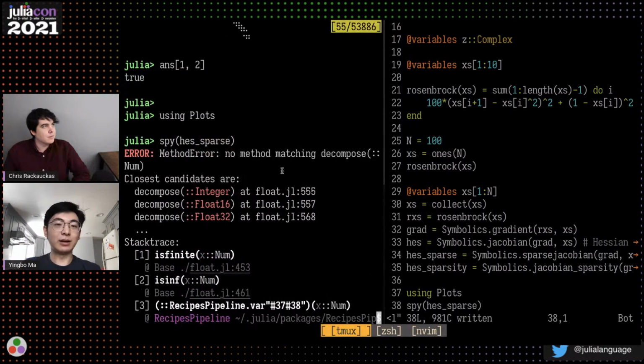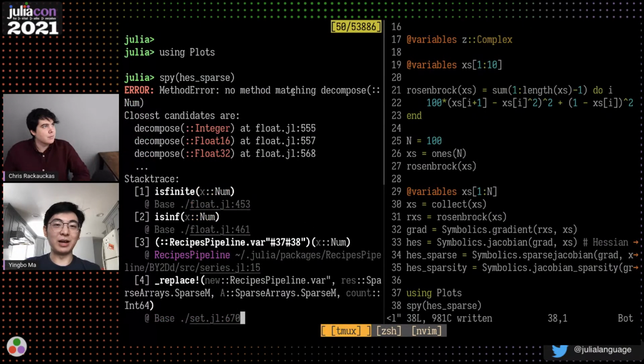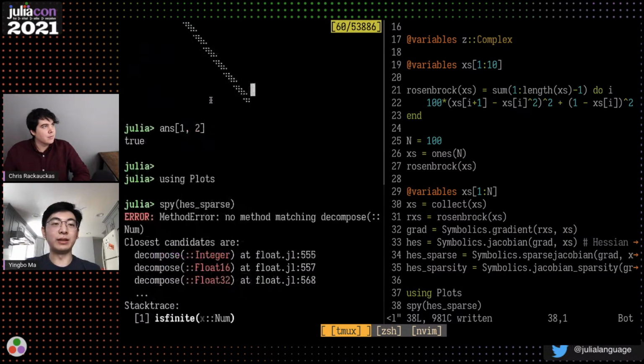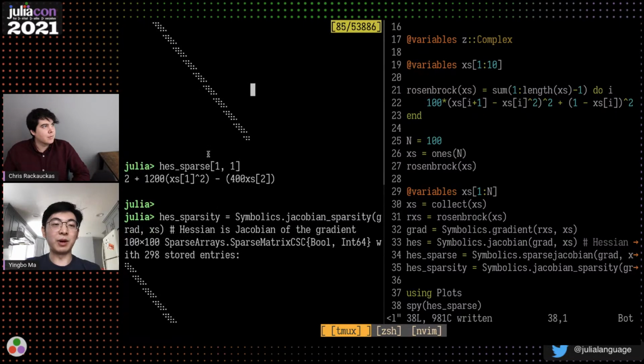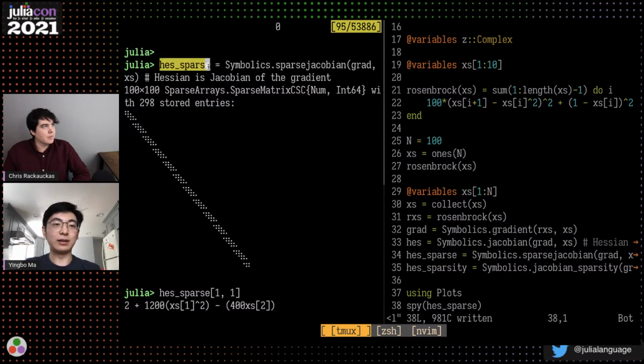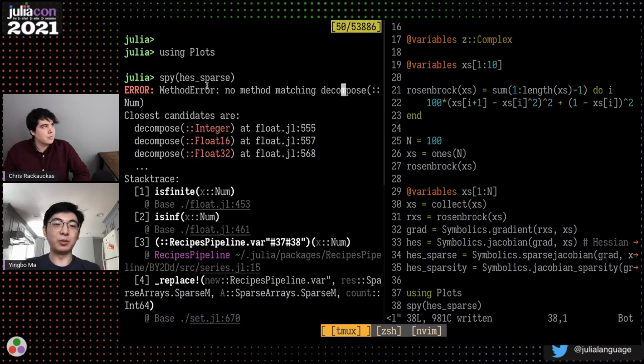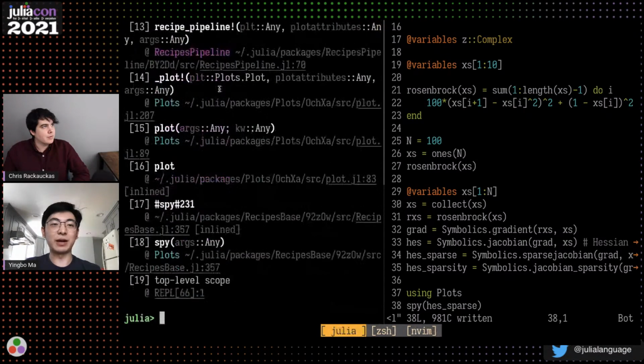Yeah, you see in here, it gives an error saying blah, blah, blah, none. So basically, this is saying that plot doesn't really know what to do with the symbolic valued entries. Remember that the Hessian is a symbolically valued sparse matrix, so it doesn't know the numeric value of it. To plot the sparsity pattern, we have to convert it into arrays with only zeros and ones.